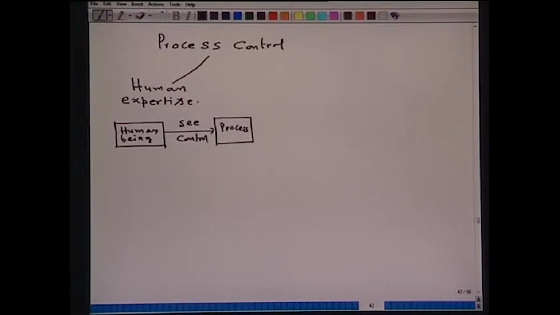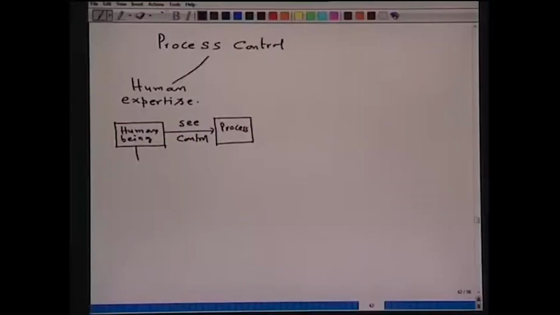Now, in order to exercise this control, what does a human being need? He needs a certain set of instructions which he can execute in order to control the process. Mind you, this is purely based on human expertise, and whatever instructions are given to him, he will execute at a particular time.